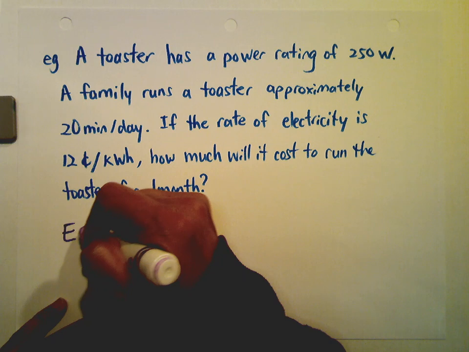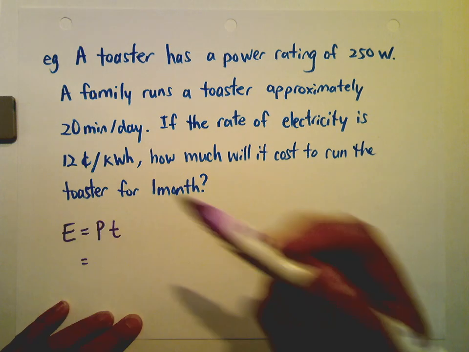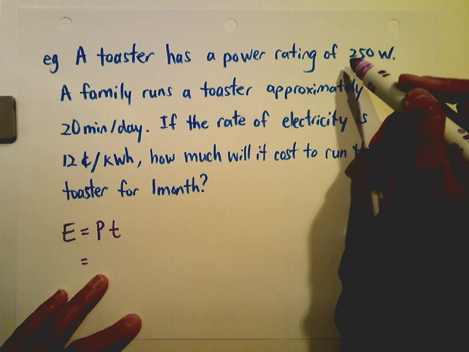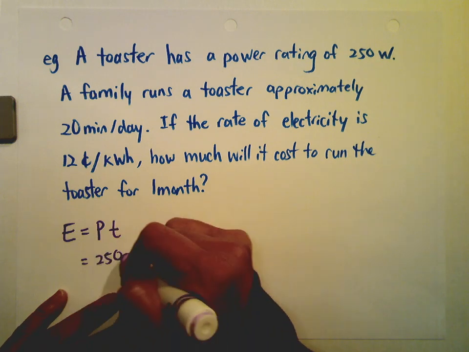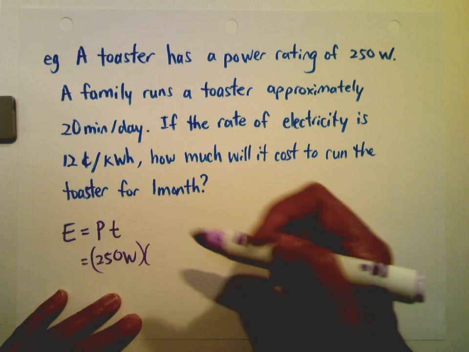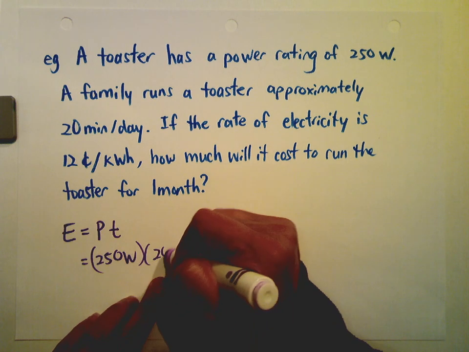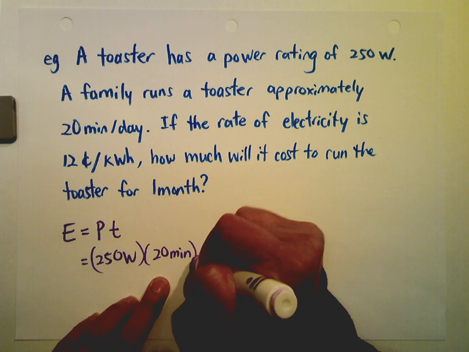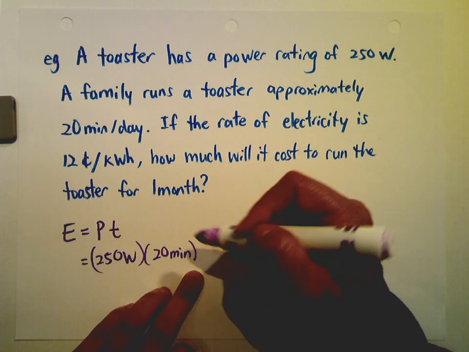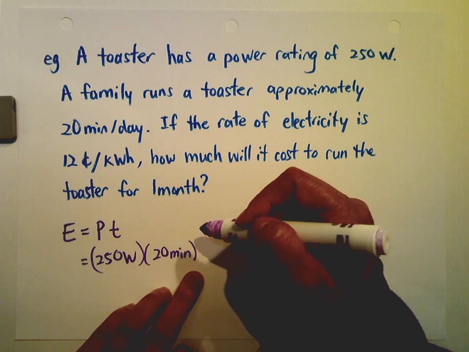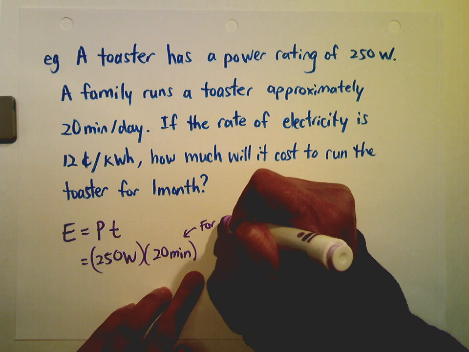We have energy is equal to power times time. The power rating of the toaster is 250 watts, and then we have 20 minutes per day, but we also need it for 1 month.